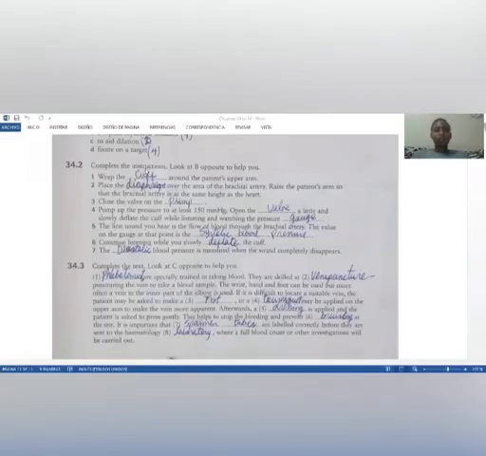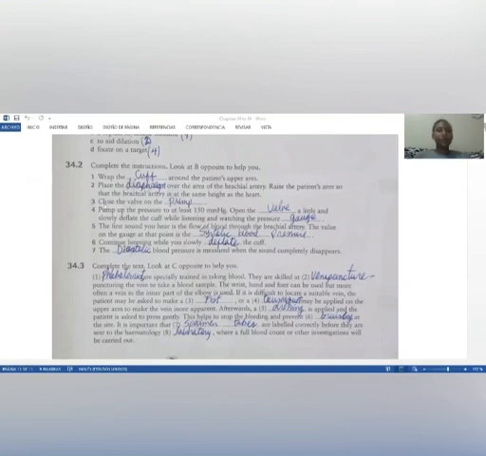Complete the instructions. Look at the opposite to help you. Number 1. Wrap the cuff around the patient's upper arm. Number 2. Place the diaphragm over the area of the brachial artery. Raise the patient's arm so that the brachial artery is at the same height as the heart.